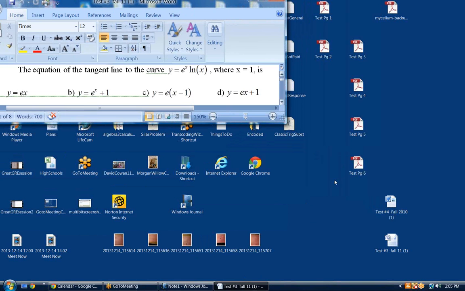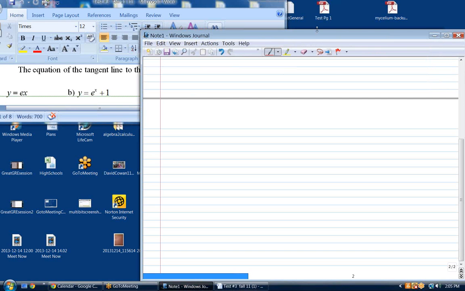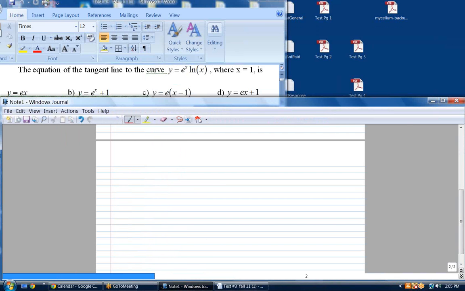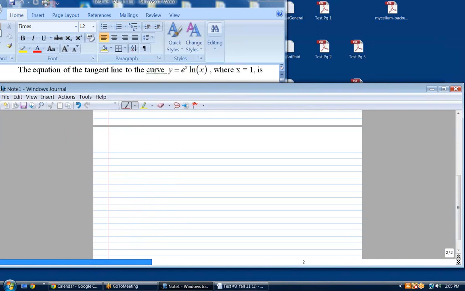So let's find the slope of this function. If y equals e to the x times natural log of x, what's y prime?